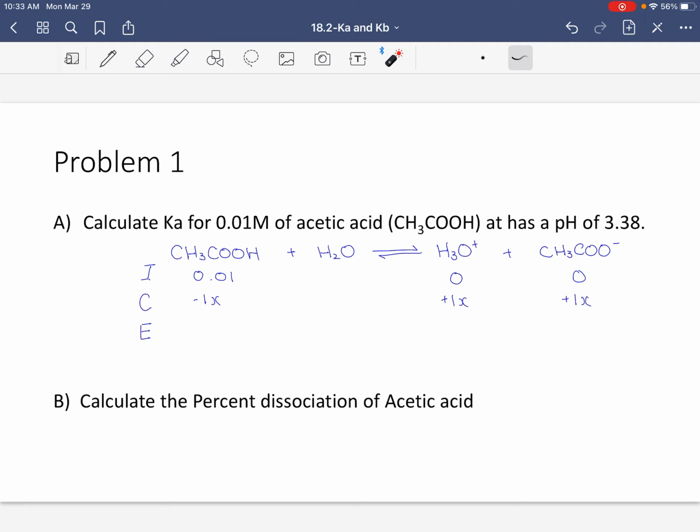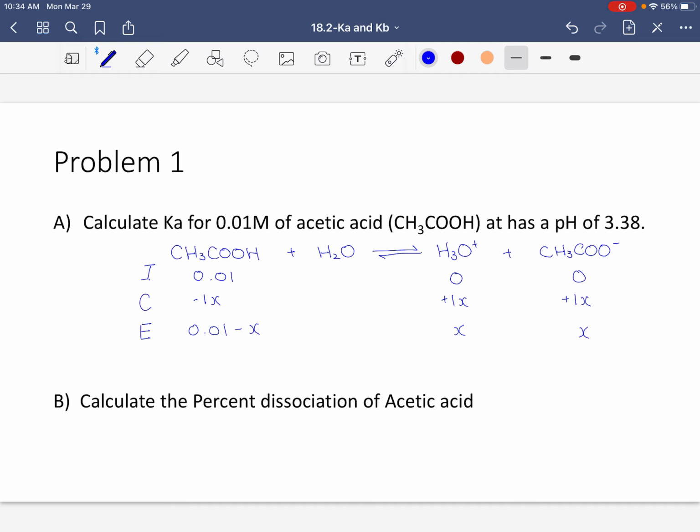And that situation is going to be the initial concentration minus whatever the change is for acetic acid. And for H plus, you started with nothing, so at equilibrium, you're just going to gain whatever the change is. And same with the acetate, you're just going to gain whatever the change is. Okay?